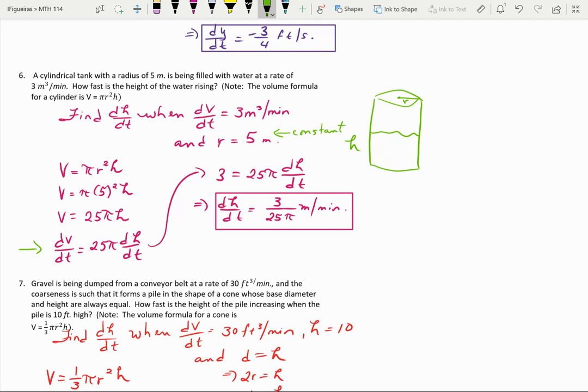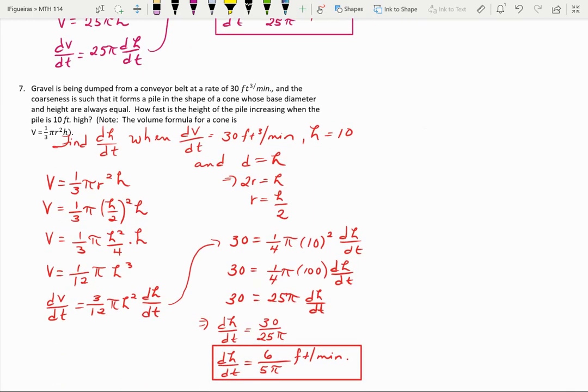So now we're ready to plug in what we know and solve for what we're looking for. Right here, we replace dV/dt with 3. 25 pi dh/dt is on the right. Divide both sides by 25 pi, and you get that dh/dt is 3 over 25 pi meters per minute.